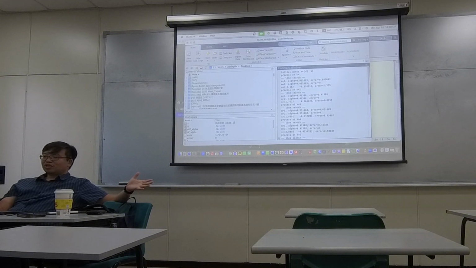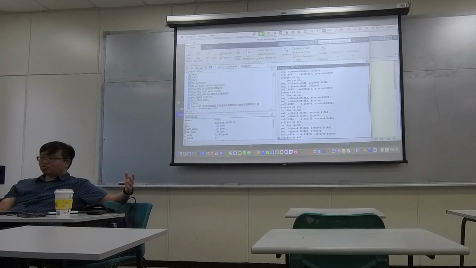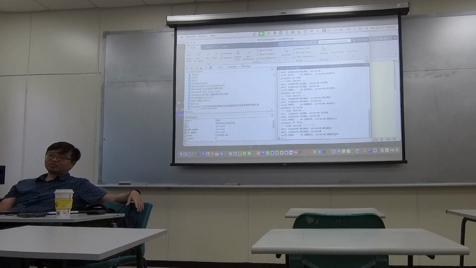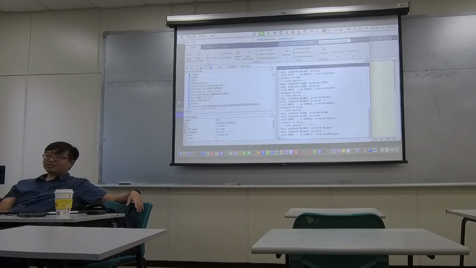So now move on to the procedure of k equals 2. Keep on doing this. And you can see the error was 5, 6, 0.8, 0.9, 0.12, 0.14, and until the last one, 0.0004. Small enough. Okay, converged.